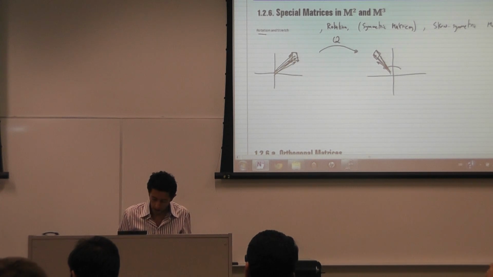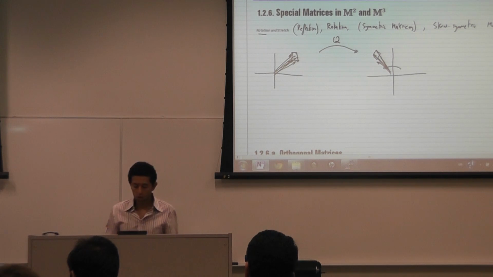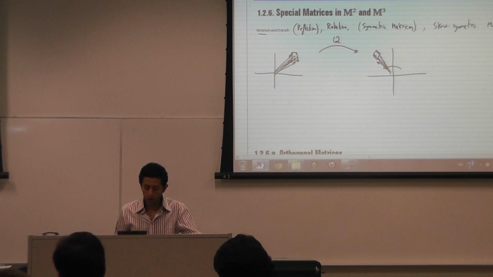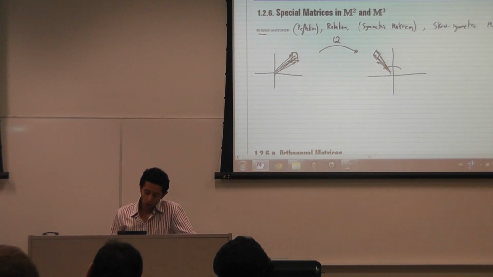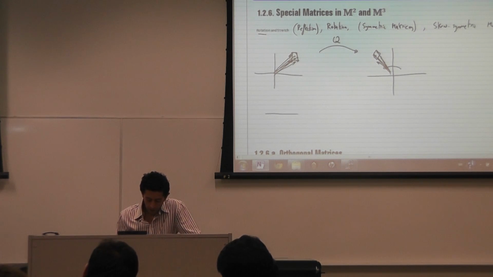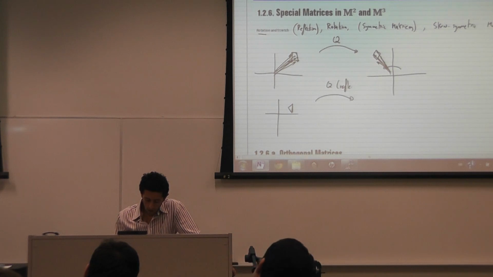There are also reflection matrices, which fall under the same category as rotation matrices. When you take an object here, you can just get a mirror image of that object.